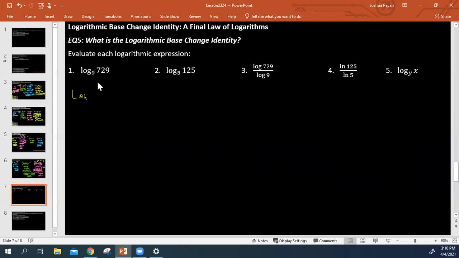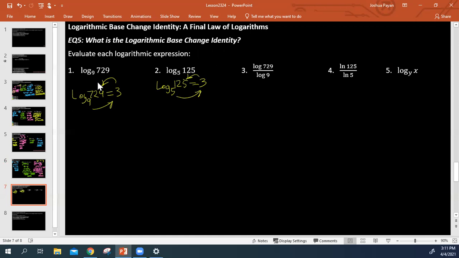So log base 9 of 729 is equal to 3 because 9 to the third power is 729. Okay. Log base 5 of 125. Well, that also is going to be 3 because 5 to the third power gives us 125.